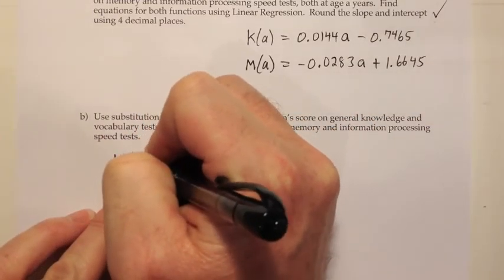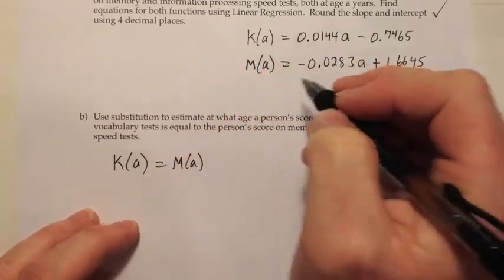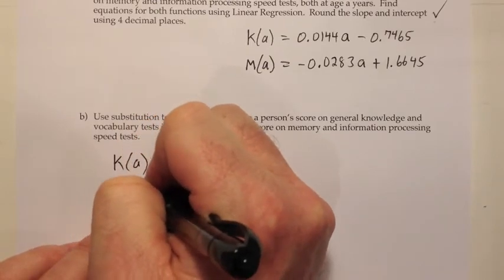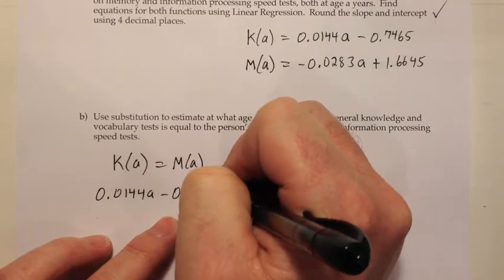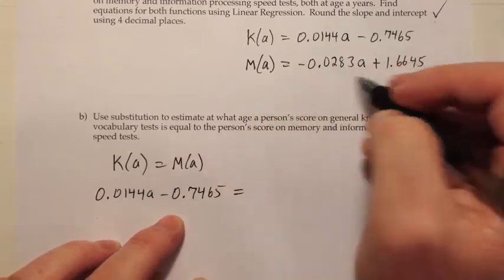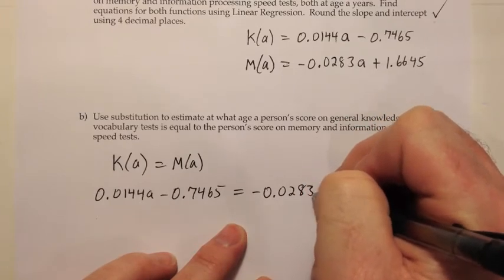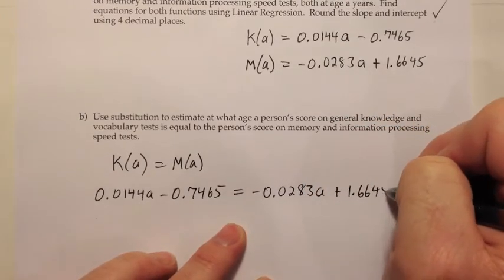We want to know when does K(a) equal M(a), but then what is K(a)? It's 0.0144a minus 0.7465, and what's M(a)? Negative 0.0283a plus 1.6645.